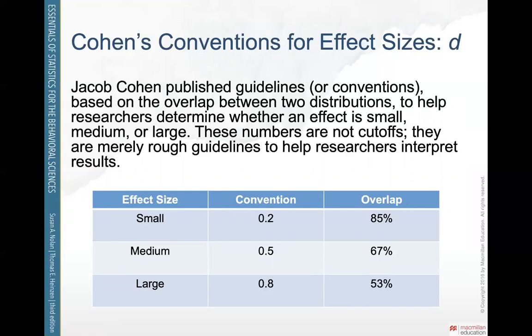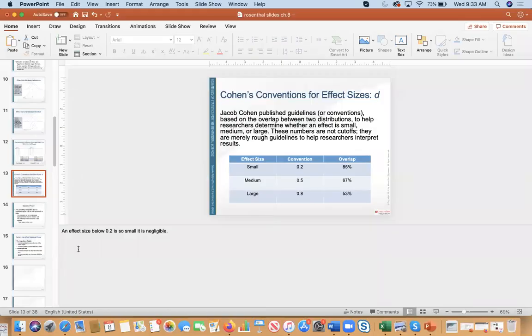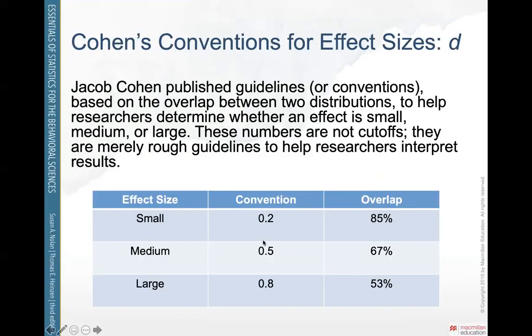And by the way, an effect size is considered completely negligible, at least based on these conventions, if it's less than 0.2. 0.2 is considered a small effect size. If you have a Cohen's d which is less than 0.2, then it's considered a negligibly small effect size. And I think I wrote that in the notes. Yeah, an effect size below 0.2 is so small it is negligible.